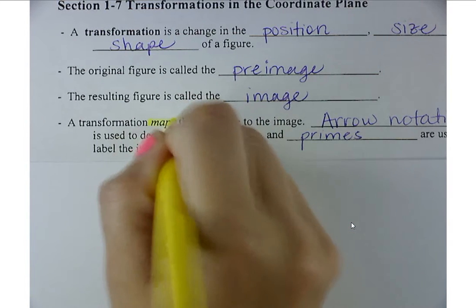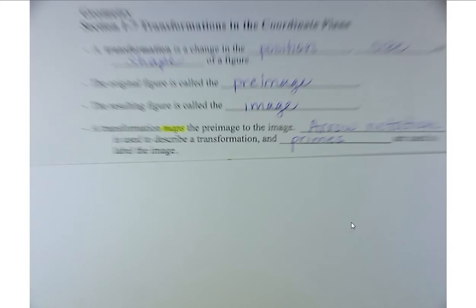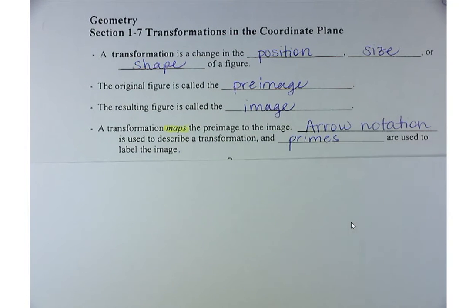So I'm going to highlight that word, that it maps the pre-image to the image. And we use arrow notation. And then we're also going to use what are called primes.